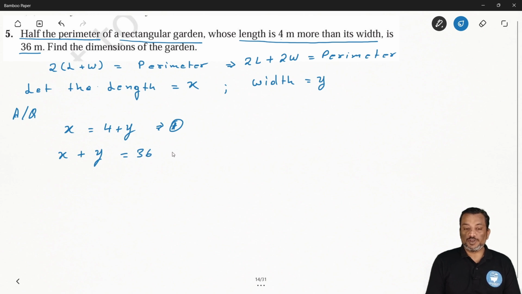So we will get two equations. Here also we can write x is equal to 36 minus y.